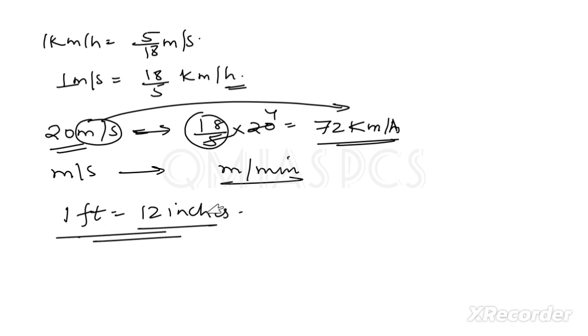Now let me tell you which topics we have to study in this chapter, speed, time and distance. There is a syllabus, but it is not written in detail, it just says that we have to study these things.